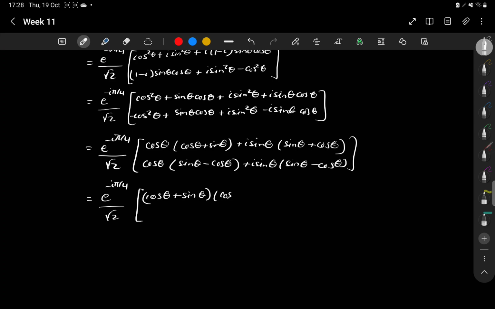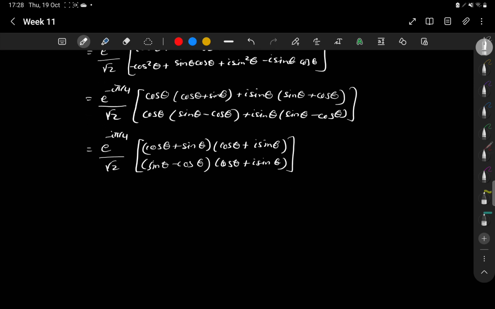This leaves me cos theta plus i sin theta. Then in the second term I'll take sin theta minus cos theta common. This leaves me once again with cos theta plus i sin theta. And so cos theta plus i sin theta is common to both, so it comes out.